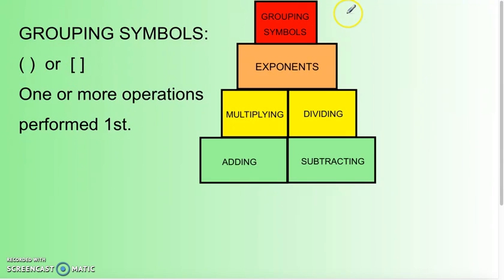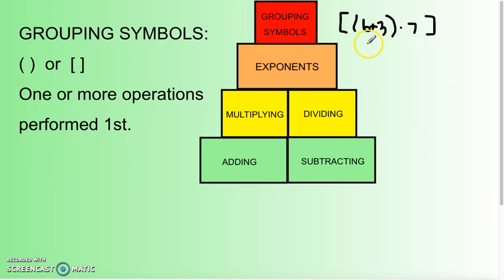So we're always going to do groups of numbers first. So if I see these, which are called brackets, what that means is there is an expression inside of that I need to do first. So there's a math sentence that needs to be performed.